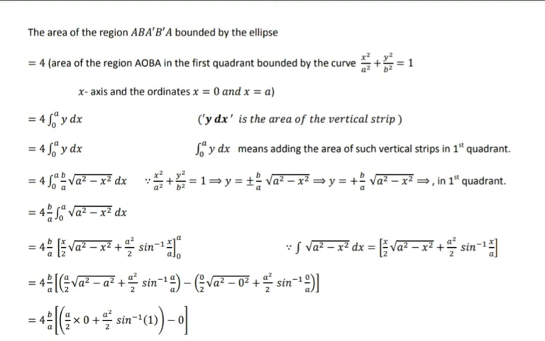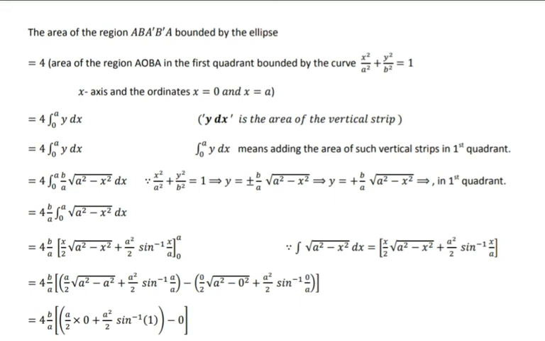So that means 4 times the definite integral 0 to a of y dx. 4 times of what? 4 times the area of the first quadrant. So that means the area enclosed by the ellipse in all the four quadrants.